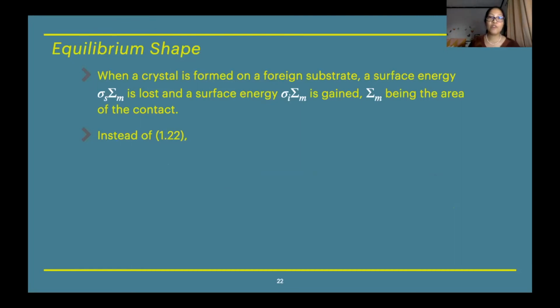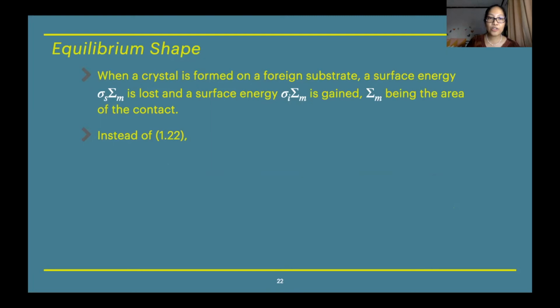When a crystal is formed on a foreign substrate, there is energy lost and energy gained. A surface energy is lost, that's sigma sub S times sigma sub M. The surface energy gained is sigma sub I times sigma sub M. Sigma sub M is the area of the contact.